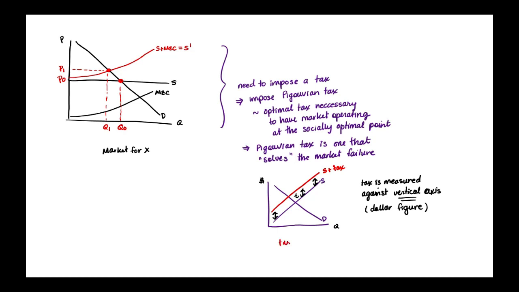So the tax shifts supply vertically upward, which is also a supply decrease, right? We understand that. But it's important, if I ask you to show me the tax, you will need to show it to me as a vertical measure, right?